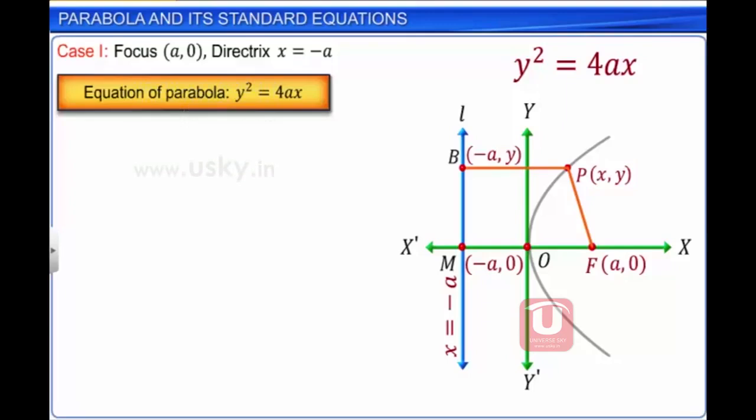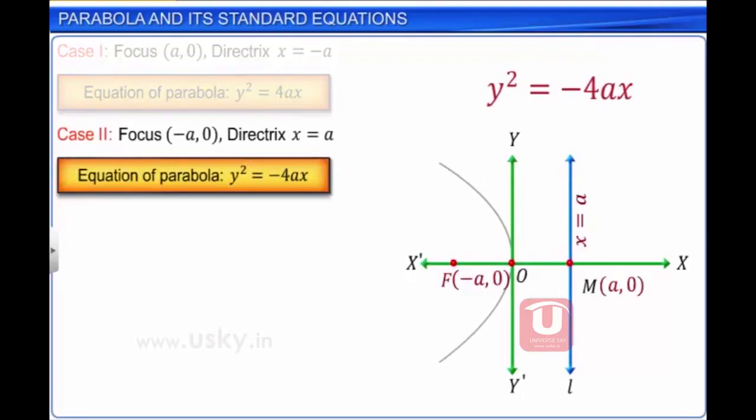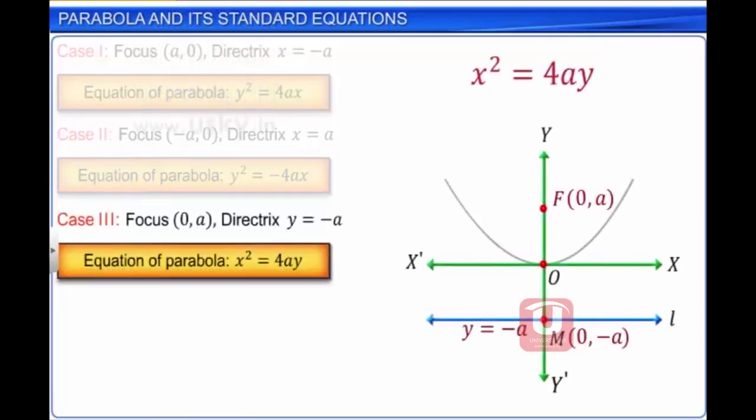By similar derivation, the equation of the parabola with the axis of symmetry along the x-axis, the vertex at the origin, the focus at (-a, 0), and directrix x is equal to a, is y square is equal to -4ax. The equation of the parabola with the axis of symmetry along the y-axis, the vertex at the origin, the focus at (0, a), and directrix y is equal to -a, is x square is equal to 4ay.